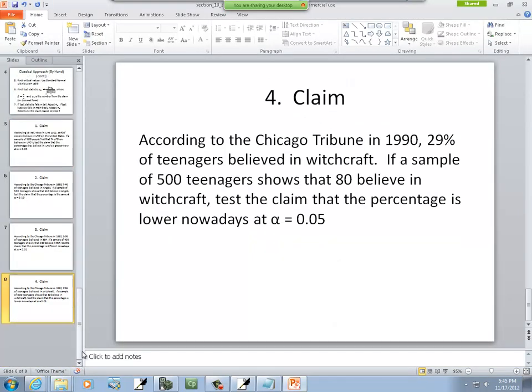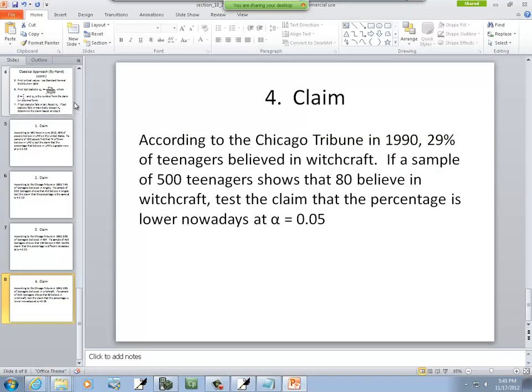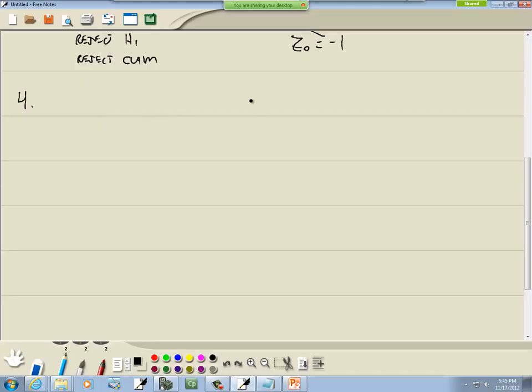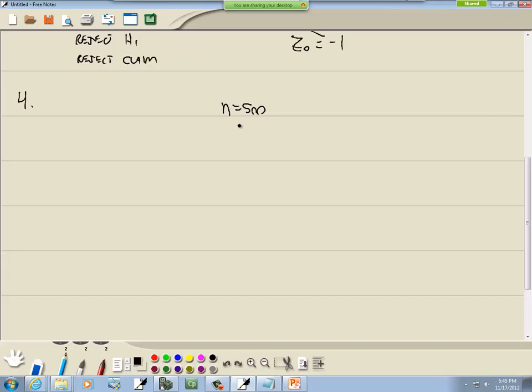Let's take a look at our last example. According to the Chicago Tribune in 1990, 29% of teenagers believe in witchcraft. A sample of 500 teenagers, so n is 500, shows that 80 believe in witchcraft, so x is 80.